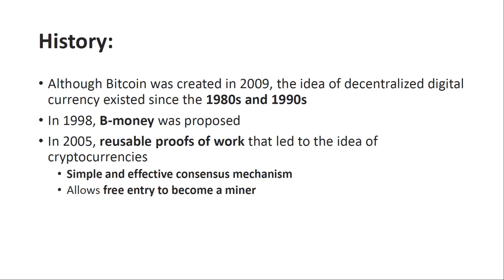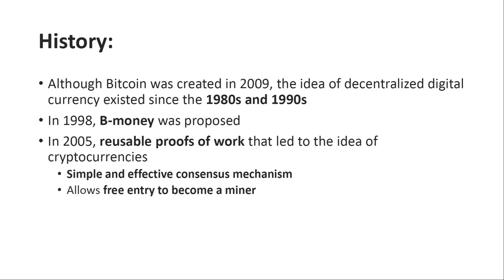For example, in 1998, B-money was proposed as a decentralized consensus fashion of getting money by solving computational puzzles. But it failed because it wasn't detailed in how to implement decentralized consensus.